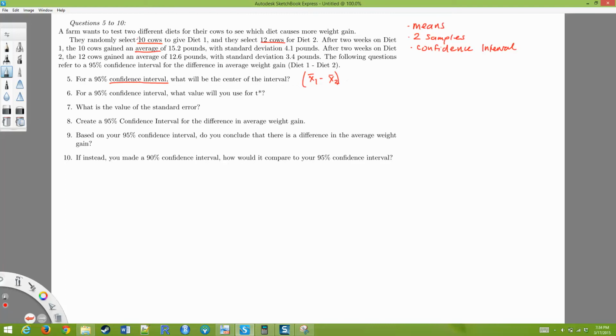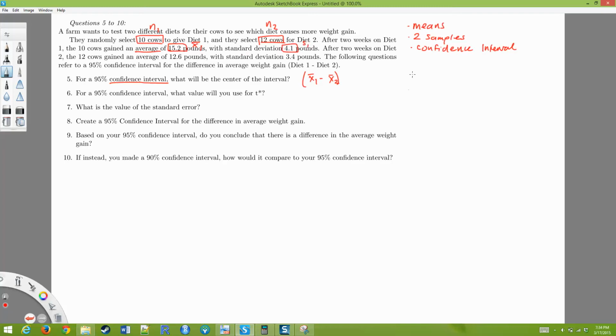So at this point, let's go through our problem, circle our numbers, and label what they are. So 10 cows, this is going to be N1. 12 cows, N2. The same 10 cows, 15.2 pounds, that is x bar 1. 4.1 pounds with a standard deviation, this is S1.